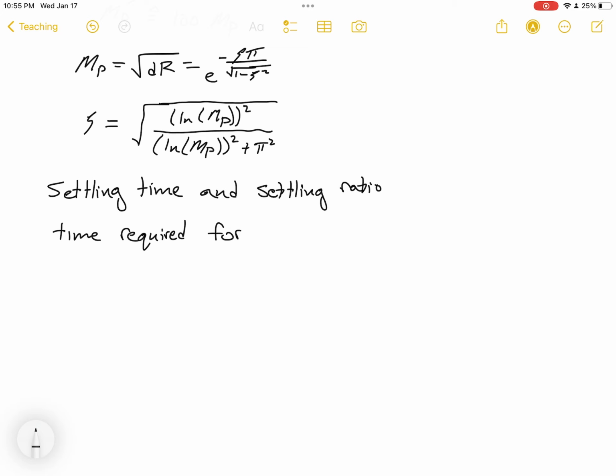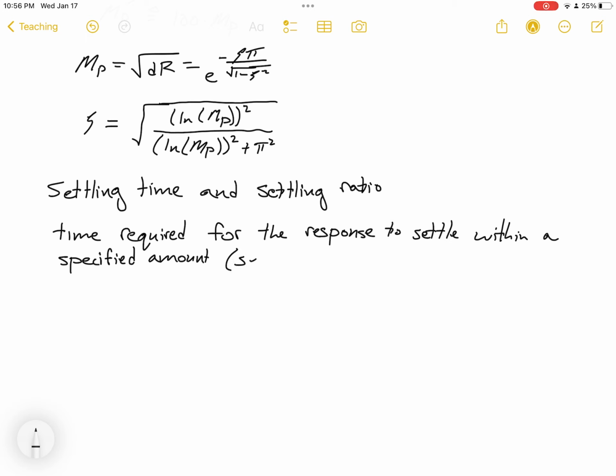Time required for the response to settle within a specified amount. And that specified amount is the settling ratio. Common values of the settling ratio could be 1%, 2%, 5 or 10%, these kind of round even numbers. Depends on your application.